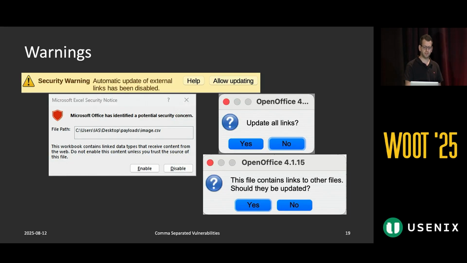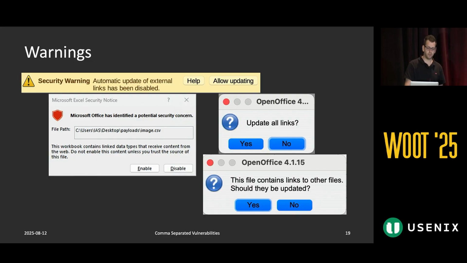And OpenOffice is not that good in the warnings, so there you get 2 warnings. The first one, when you open the CSV file, is update all links, and I don't know what this should mean. And the second one is: this file contains links to other files. Should they be updated? Which also doesn't sound like we load remote content into our table.